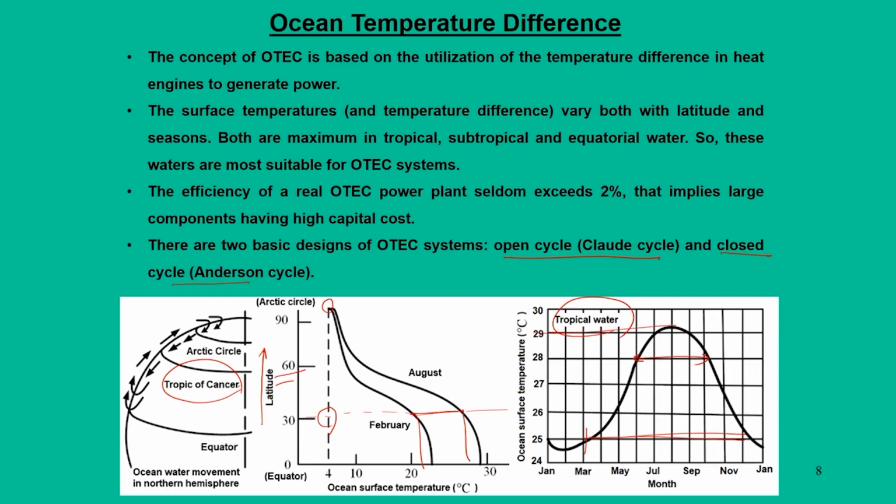So in the month of August we have the highest temperature, and that happens at tropical water, and the temperature is lowest in the month of January. So basically this is the temperature difference that we are going to achieve month wise.